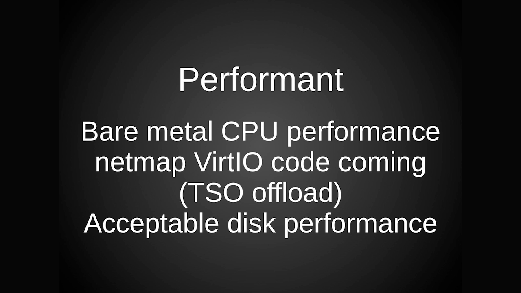We have netmap virtio in the works, which will provide a much faster network stack, and there are 2 contending projects to implement that. So it'll sort of work its way out which one is the proper one to institutionalize. And disk support is good enough. Virtio has been a key point.